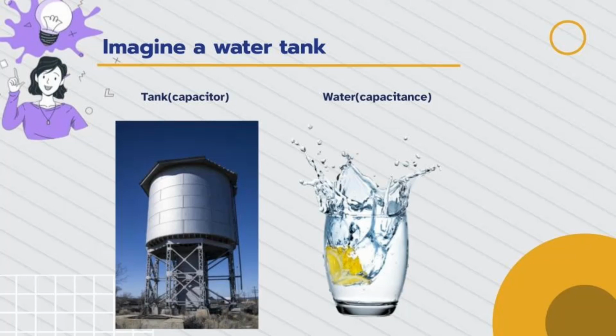Now, capacitance is like the size of the tank. A bigger tank can hold more water, and likewise, a capacitor with higher capacitance can hold more electric charge. So, in simple terms, capacitors and capacitance are related in the way that the size of the tank determines how much water it can hold. A large capacitor means it can store more charge, while a smaller capacitor means it can store less charge.